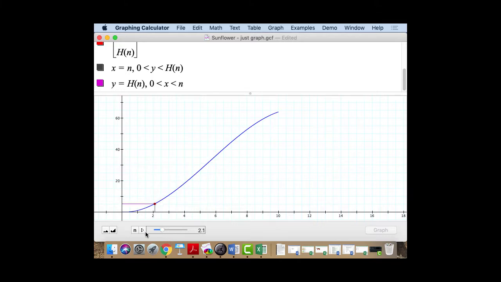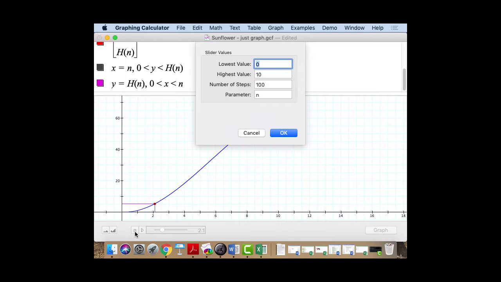One of the things, and this has specific settings, if you click on the n, it tells you that using this built-in slider, it'll go from 0 to 10, going by in 100 steps, so counting by tenths. You can change the letter if you want to, but if I want this to go from 0 to 14 in 1,200 steps, I can change that.